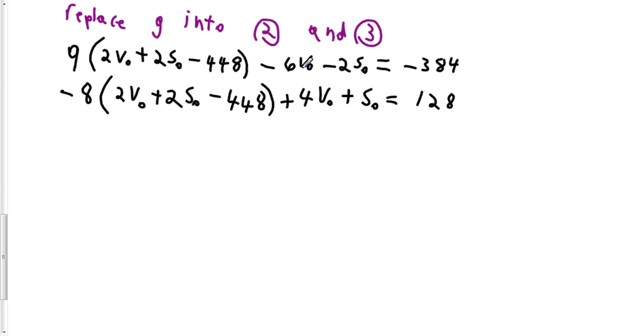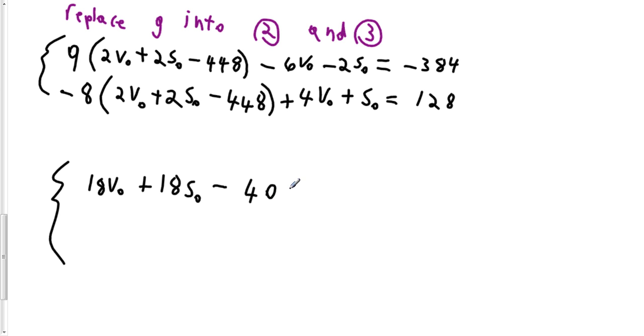So I'm going to simplify these two equations now. To simplify the top equation, I can distribute a 9. So I'll get 18v naught, 9 times 2v naught, plus 18s naught, and then minus 9 times 448, which is 4032.